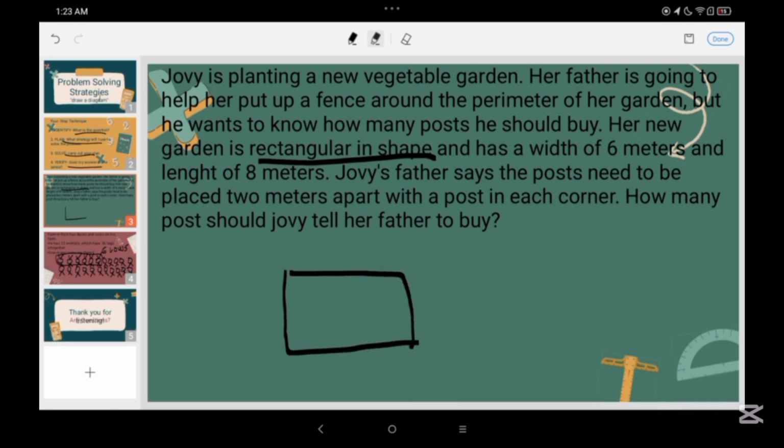The garden has width of 6 meters and it has length of 8 meters. Jovi's father says that the posts need to be placed 2 meters apart with a post in each corner. So I'm going to start with those corners. I'm actually gonna draw the corner posts here.